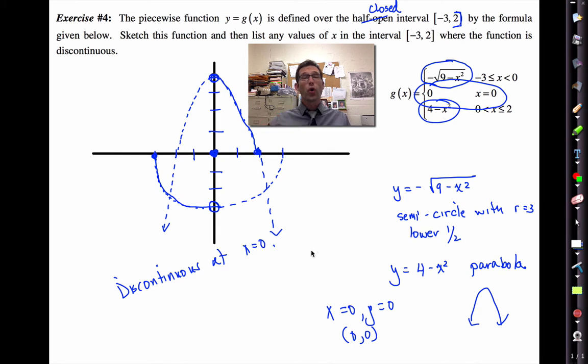Piecewise functions are notorious for being discontinuous at what I call their cut values, i.e. where one equation switches to another equation. Now they don't have to be discontinuous there. The graphs could easily meet up, but they often are discontinuous. All right? So pause the video now and write down anything you need to.